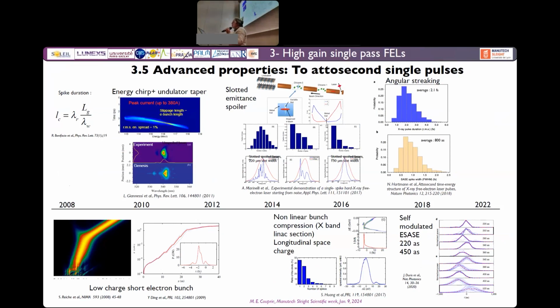Going further, actually, with very intense electron bunches, we have also this longitudinal space charge that we can use to naturally create this spike. So indeed, now it's no more necessary to have an X-band linear section, but we can just play with this longitudinal space charge and get this spike in current for having sub-femtosecond pulses.